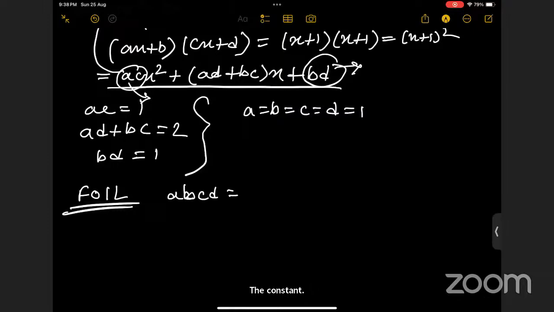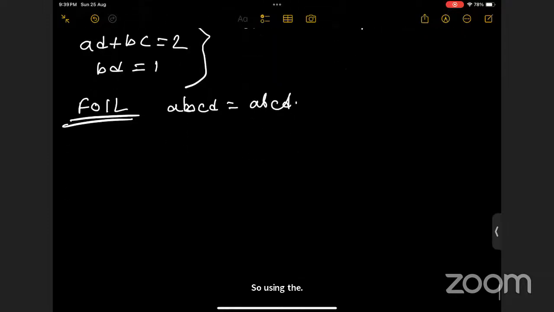And this is equal to the multiplication of these two terms, the coefficients of x. So using this, we can also solve it.